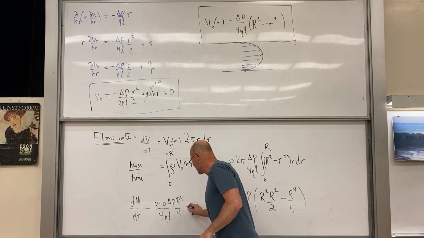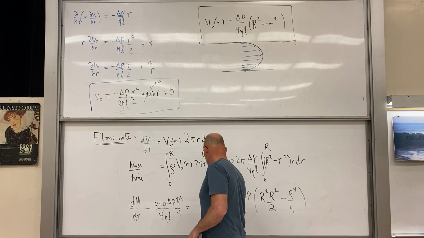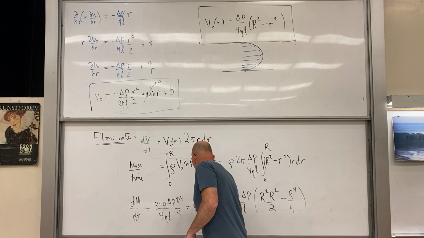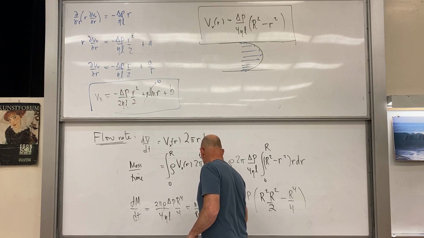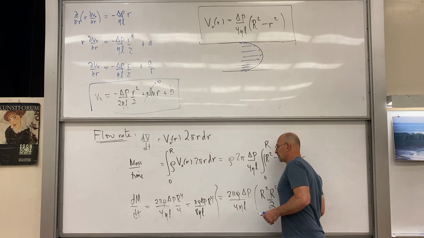So we've got 2 over 16 is 1 over 8. Pi is in there as well. So pi rho delta p over 8 eta L R to the 4th. I'm going to clean that up and put it in a form that we can take home and put in the bank.